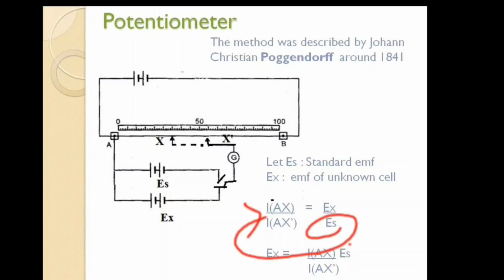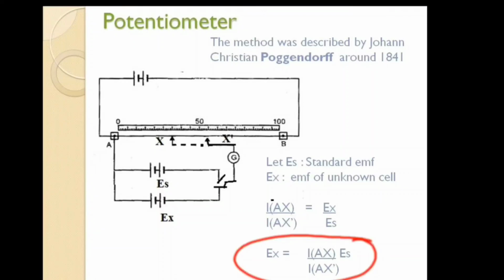That means Ex, that is, the EMF of the unknown cell, is equal to length AX upon length AX' into Es. In this way, if we know length AX, length AX' and the EMF of the standard cell, which is already known, we can calculate the EMF of an unknown cell.